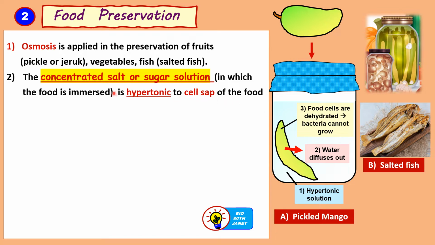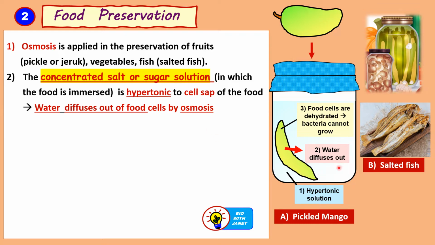So what happens? The concentrated salt or sugar solution is hypertonic to the cell sap of the food. That means it has a higher concentration of dissolved substances, which is the salt or sugar, compared to the cell sap of the food cells. So water will diffuse out of the food cells, which have a hypotonic solution, that is the cell sap, out into the hypertonic salt or sugar solution.